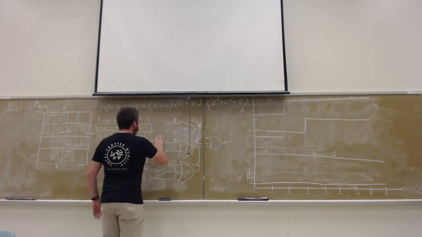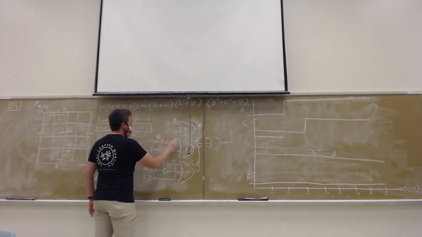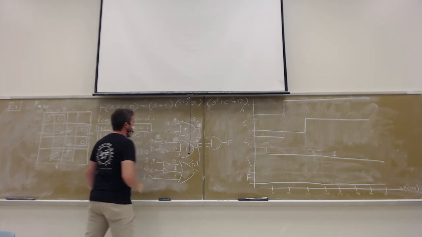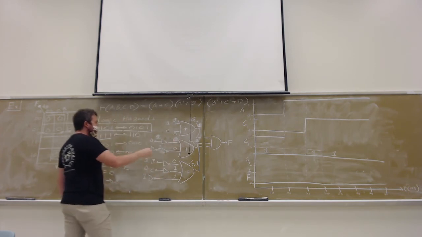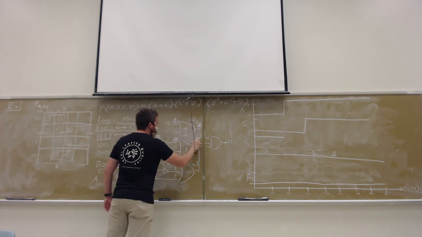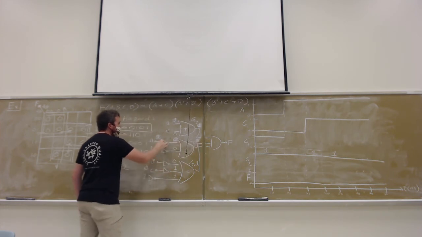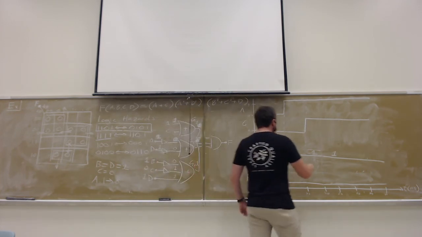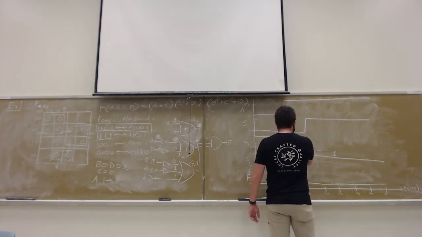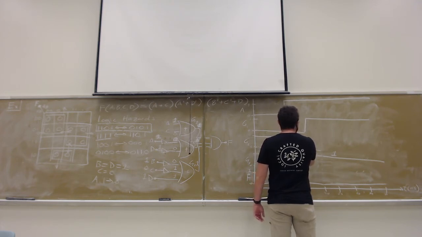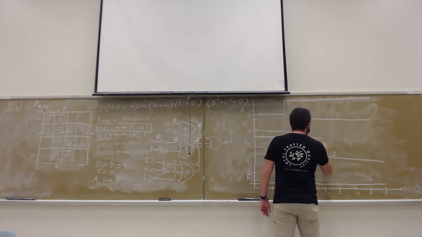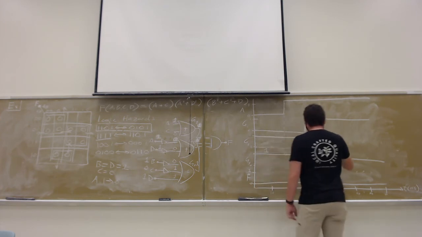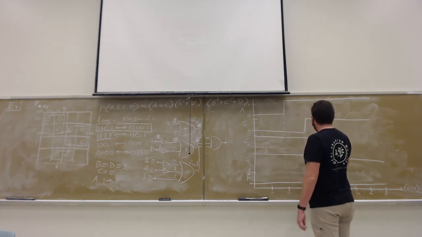And then A goes to 1, which means it goes to 0, which means G2 is going to go to 0. But remember, it's going to take the full 20 nanoseconds to get there, since there are 2 gates involved in that transition, meaning that it won't switch until 40 nanoseconds, at which time it switches to 0.